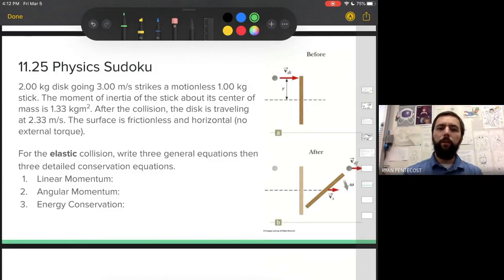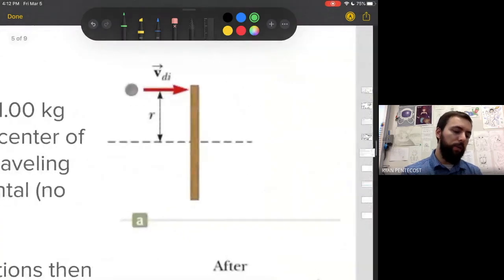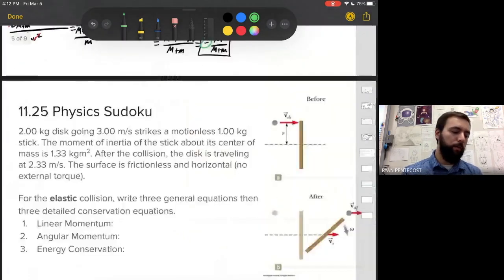So this disk is going 3 meters per second, and it strikes a motionless 1 kilogram stick, as you can see there. Okay? The moment of inertia of the stick about its center of mass is 1.33 kilograms square meters. After the collision, the disk is traveling 2.33 meters per second.